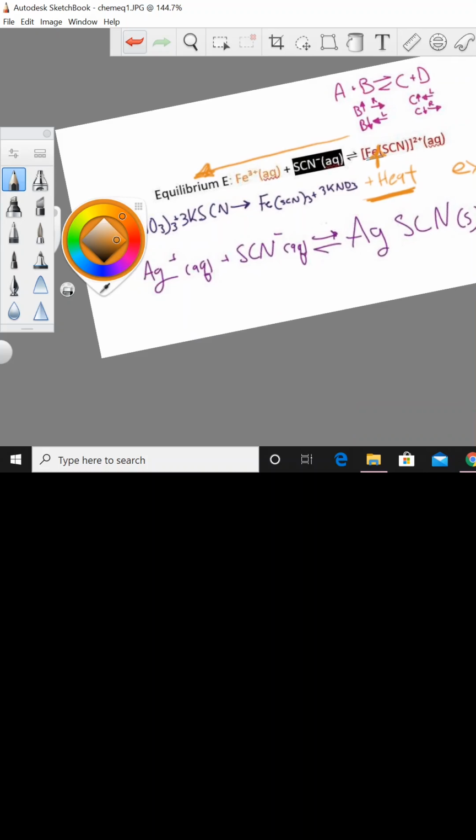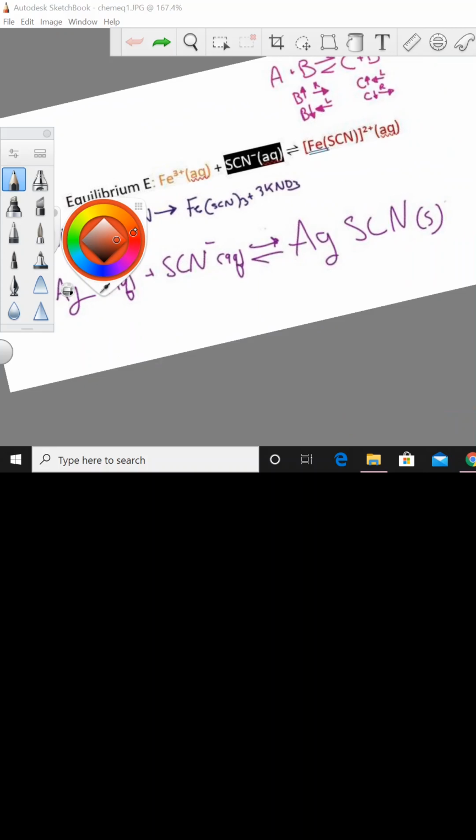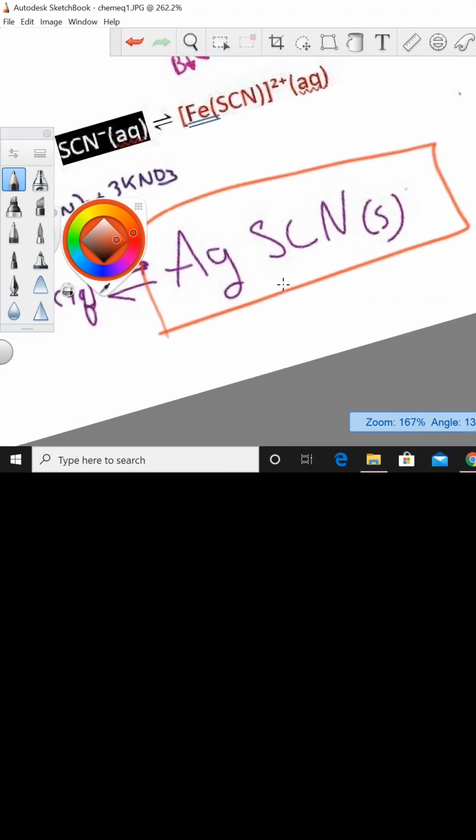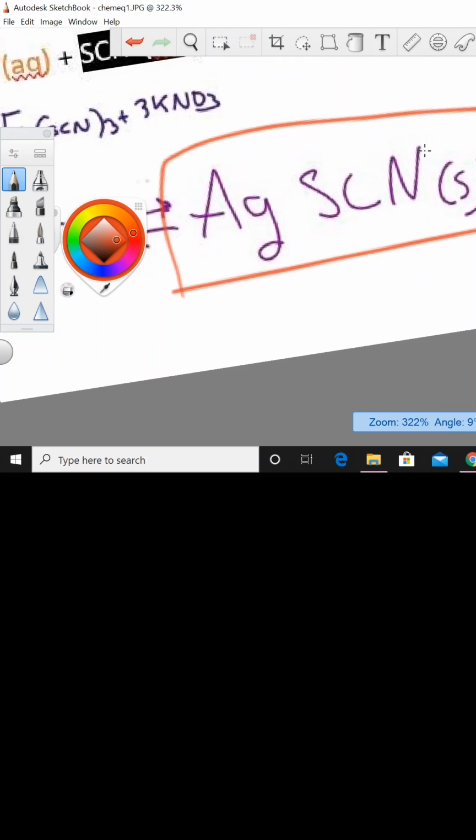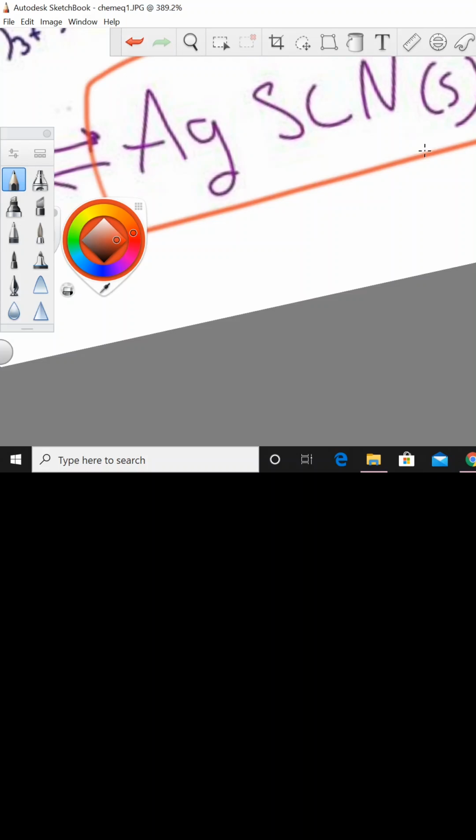But if you remember our SCN minus was clear, but I do believe this made AgSCN, which was our solid, and the cloudiness was perhaps caused by the solid AgSCN as it was forming. And that about wraps it up for part E. Moving on.